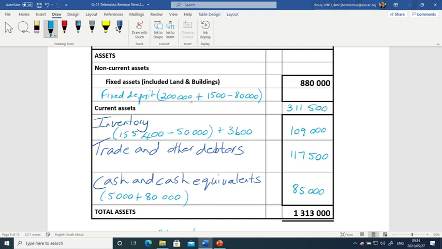Fixed deposit, the 200 plus the interest minus the part that will mature, 121,500. Total non-current assets. And if you add the non-current assets plus the current assets, will give you the total assets.